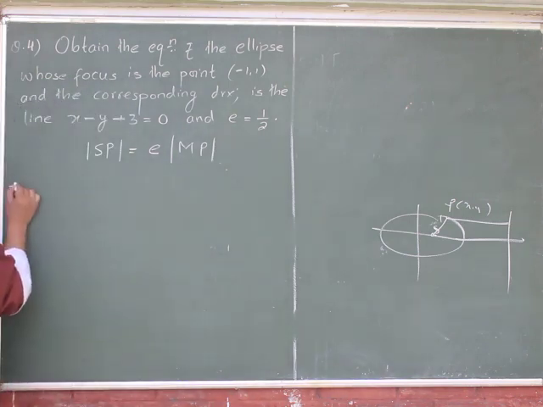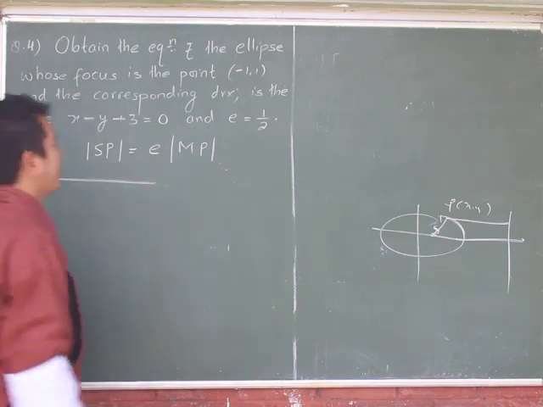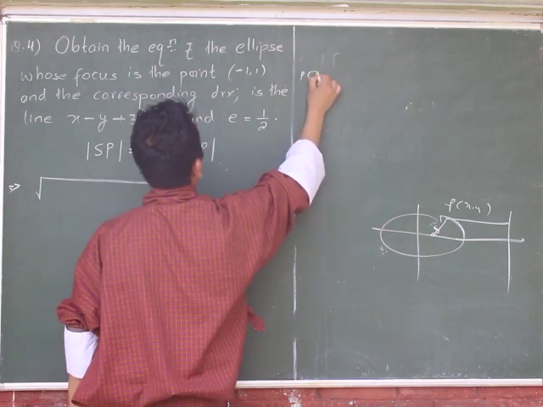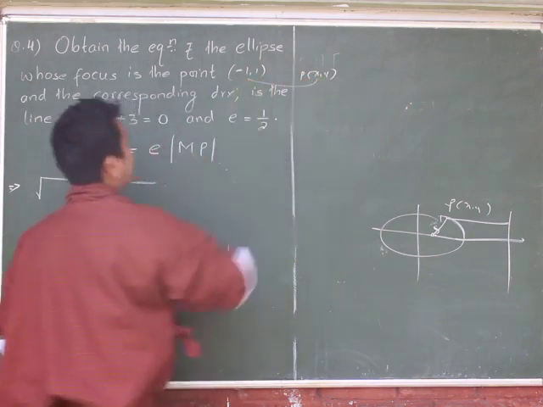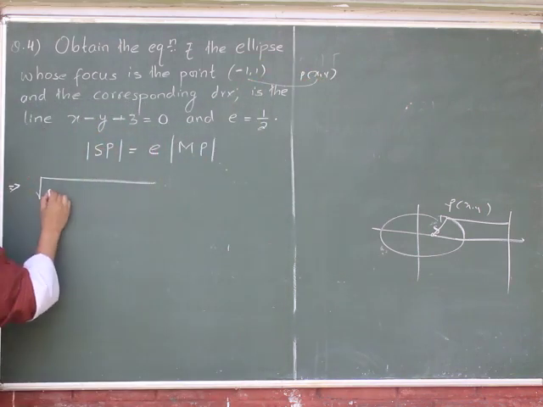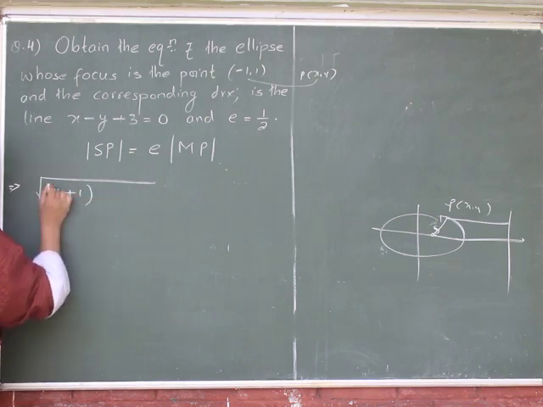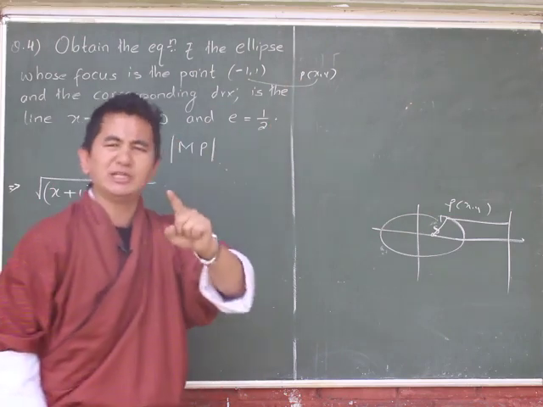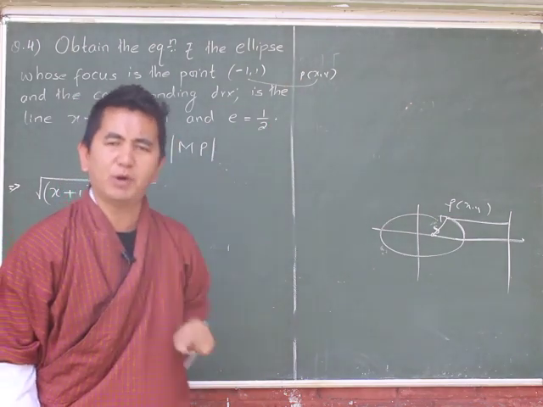So modulus of SP is nothing but the root of, take point P(x, y), then join it with (-1, 1). x minus (-1) becomes (x plus 1) whole square, then next (y minus 1) whole square. We did a similar concept under parabola, isn't it?